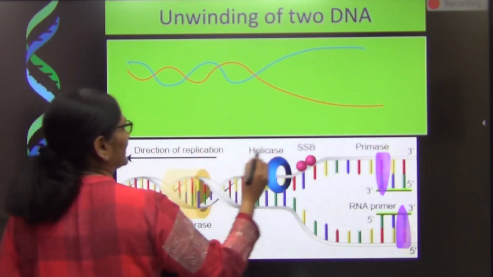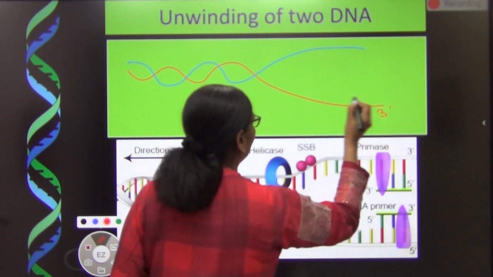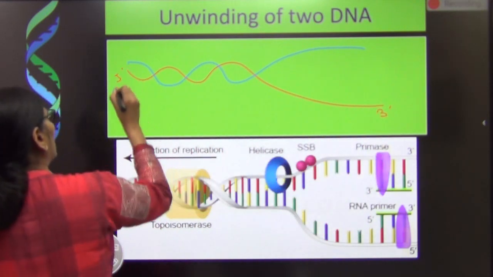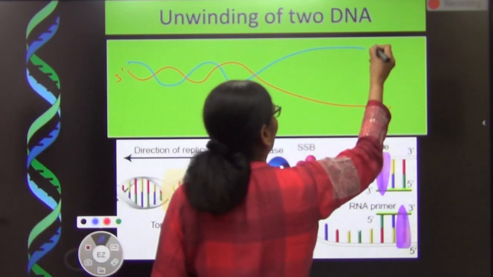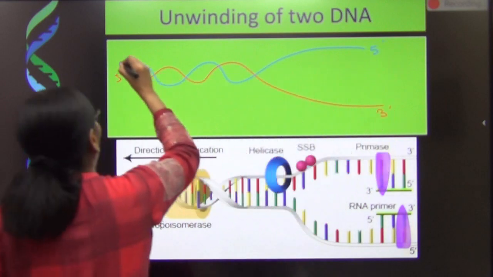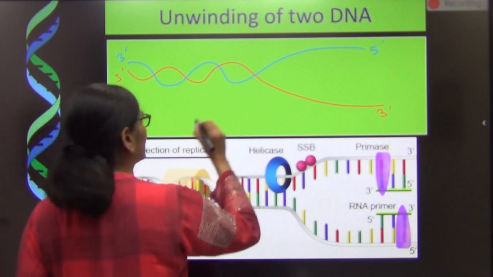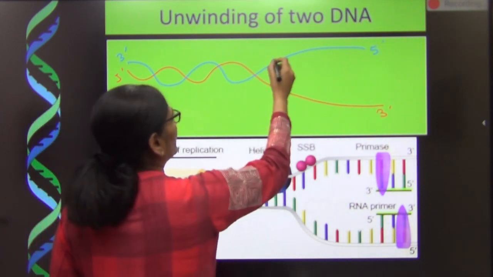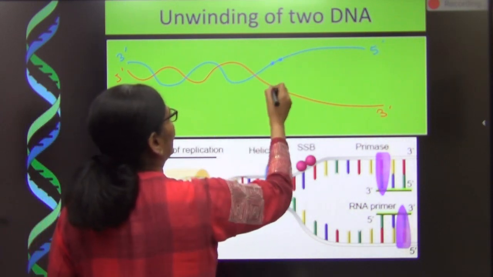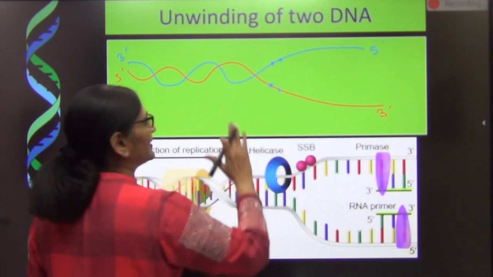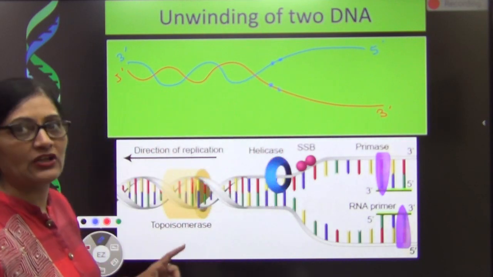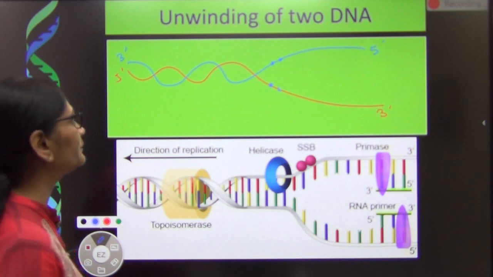The red strand, say it has a polarity 3' and 5', and say the blue strand has a polarity 5' and 3', right? I have, with the help of enzyme helicase, I have opened it. With the help of enzyme single strand binding protein, I have already made it single stranded, and a typical replication fork has already appeared. See?